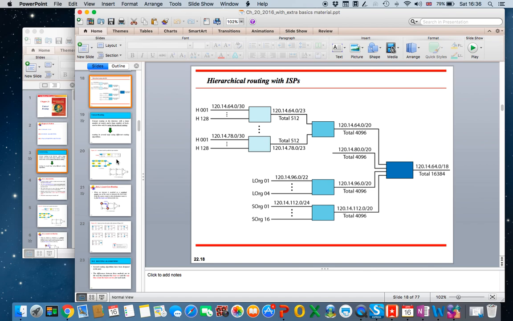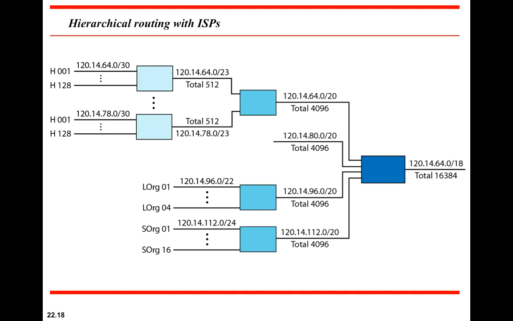And we showed here the example where we have the network address 120.14.64.0 with a subnet mask of 18.